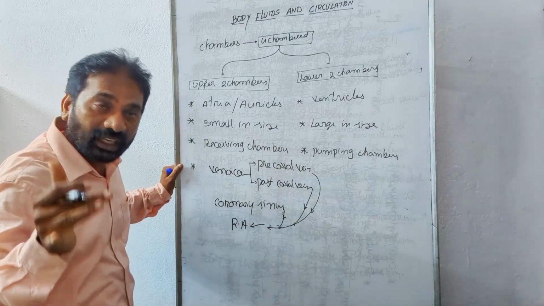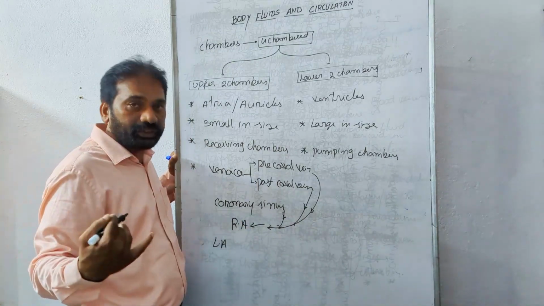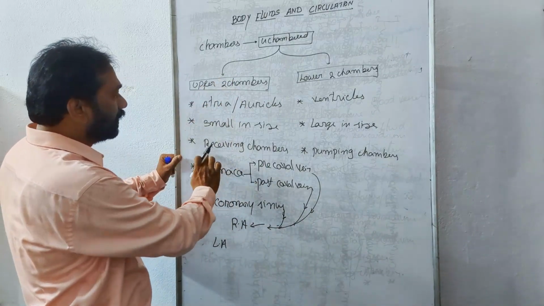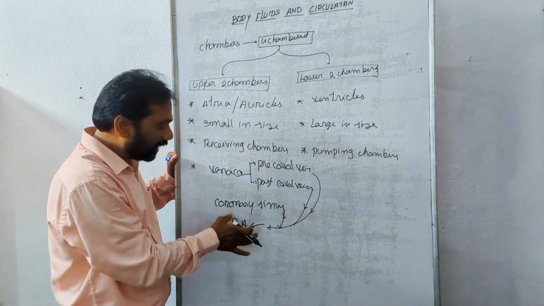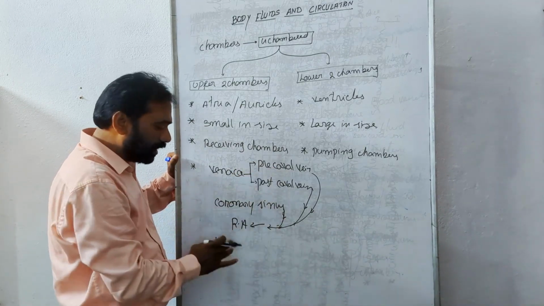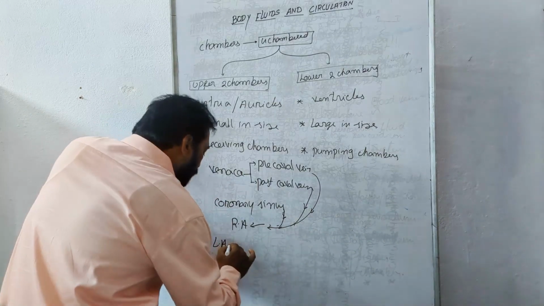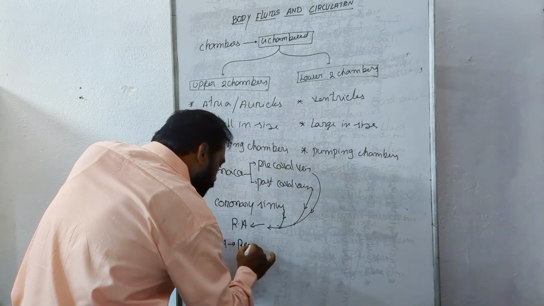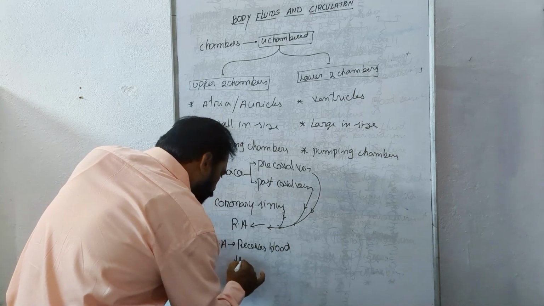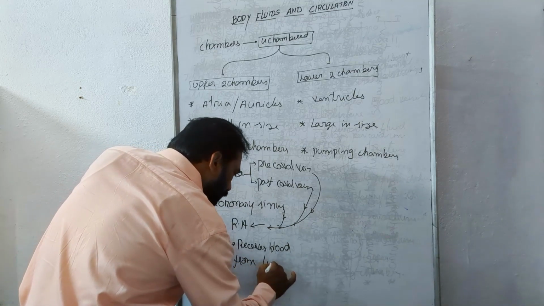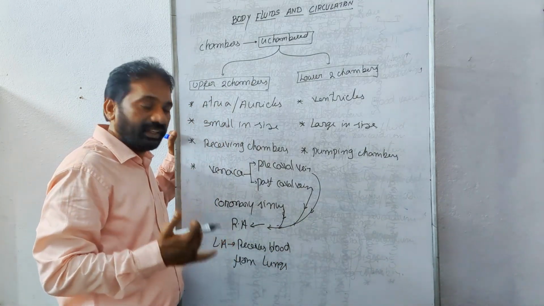Then what about that left atria? This left atria receives the blood. So, right atria and the left atria are there. The right atria receives blood from these three, and then the left atria receives from where? From lungs. Left atria receives blood from lungs through pulmonary vein.